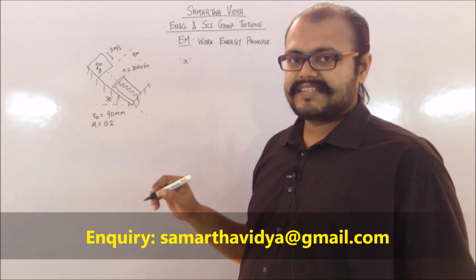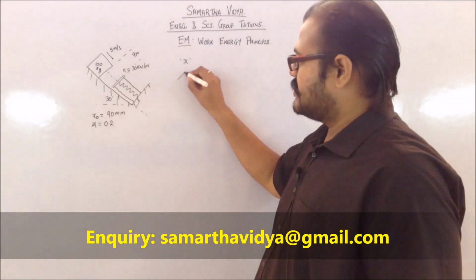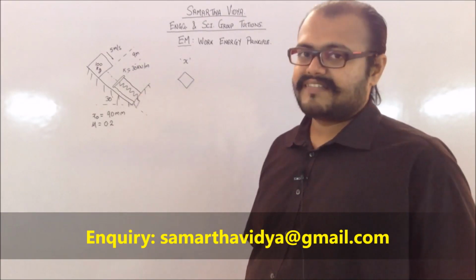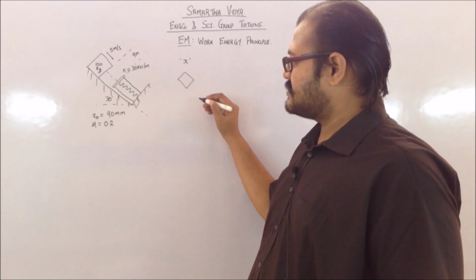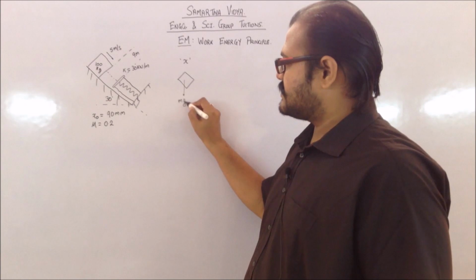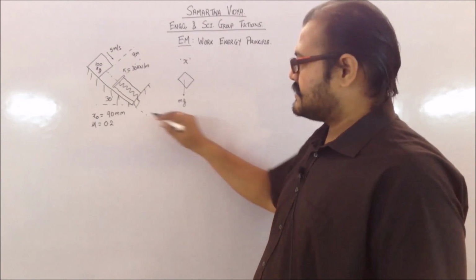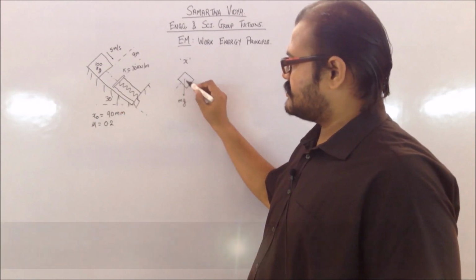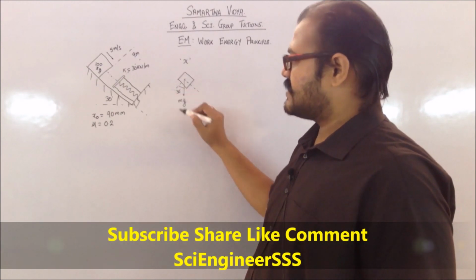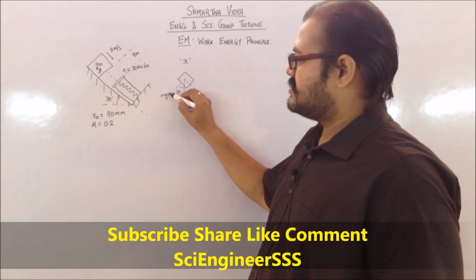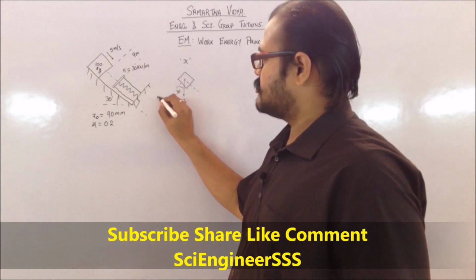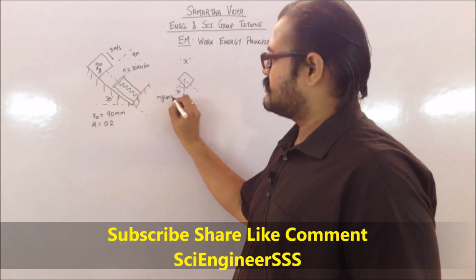Now let us try to understand the FBD of this. So the FBD of the block when it is not in contact with the spring is going to be in such a fashion. First of all, there is going to be your mg, which is the gravitational pull. Since this inclination is 30, this particular angle will be 30 degrees. So you will be getting the component as mg cos 30.